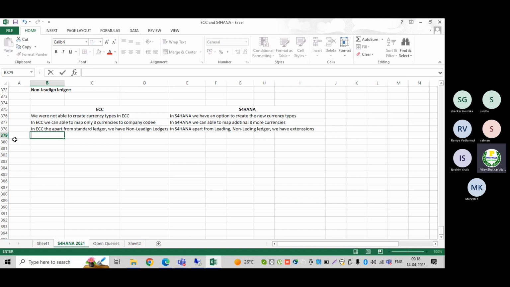Then the totals, the total tables in ECC.